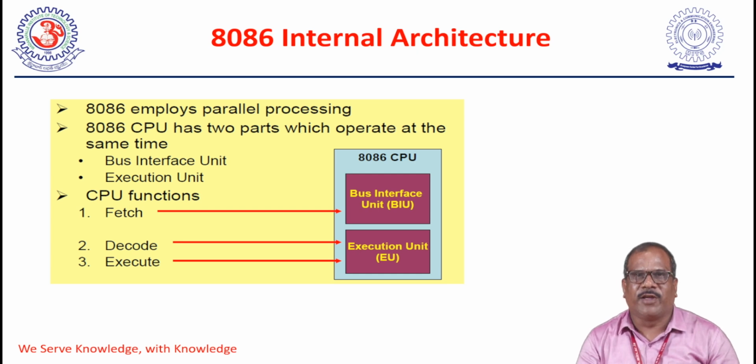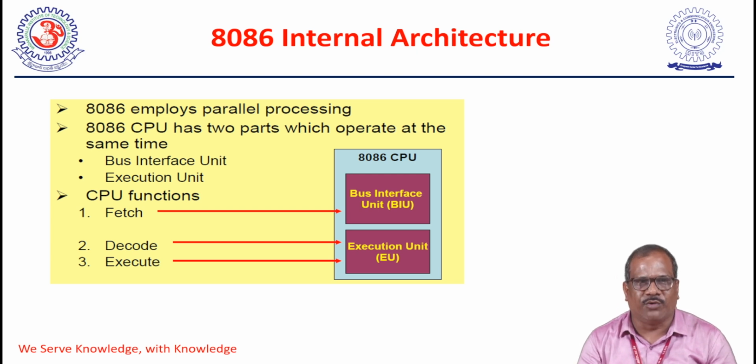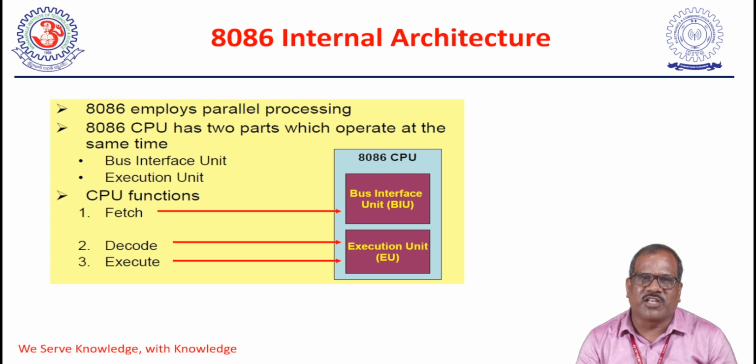You know the microprocessor operation: fetch, decode, execute. With the help of the bus interface unit, we perform the fetch operation, and every fetched instruction is stored in the instruction queue. The other 2 functions, decode and execute, are performed by the execution unit.